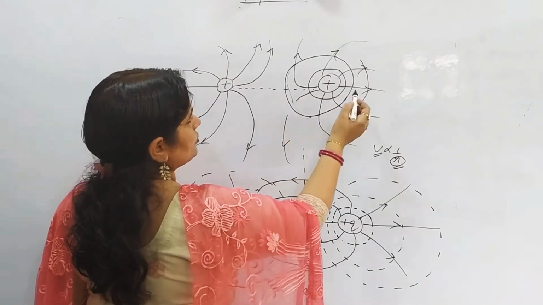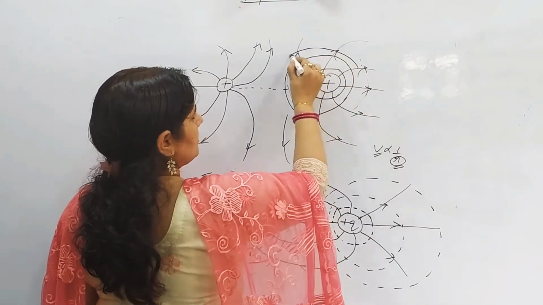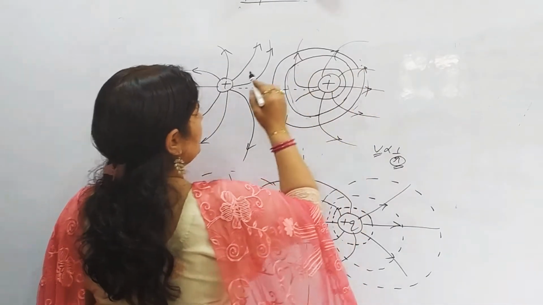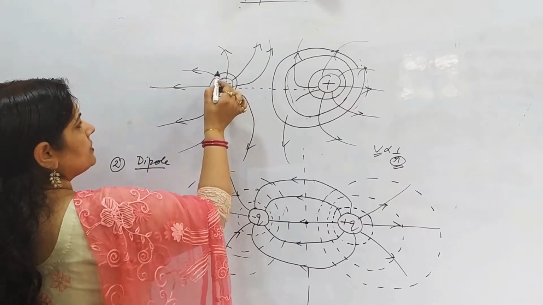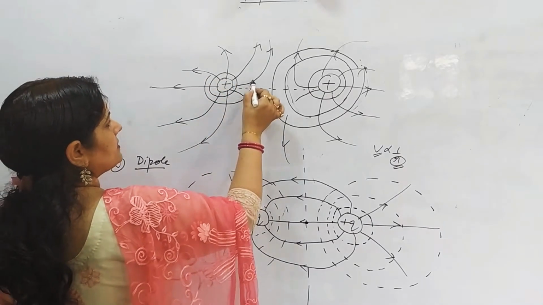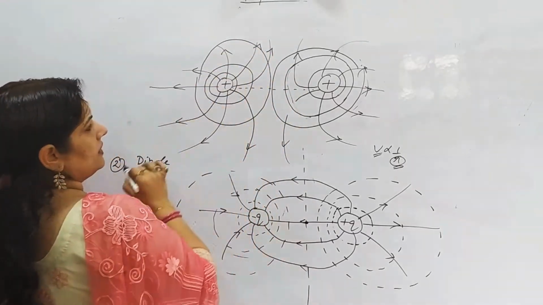So this side it will be closer as compared to the other side. Similarly for this side closer, other side farther, this side closer, other side farther, like that.